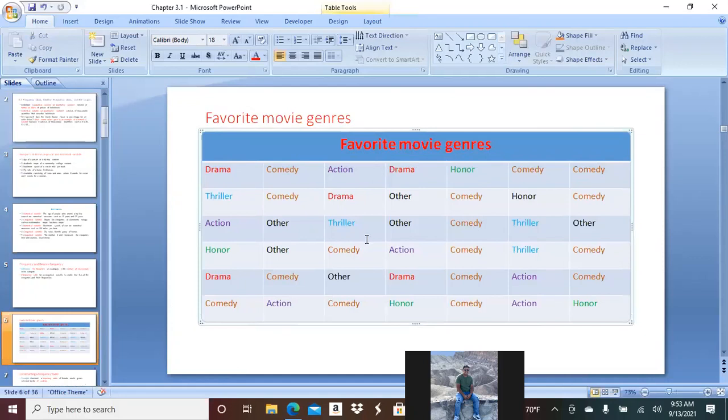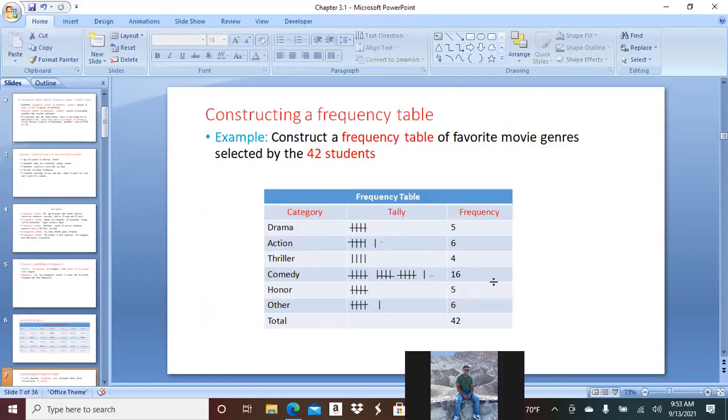1, 2, 3, 4, 5. That is frequency. And you count the tally. Tally, that is 5, right? 5 is frequency. 6 is frequency. 4 is frequency. 6 is frequency. 5 is frequency. 6 is frequency.